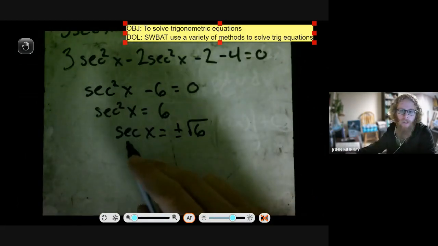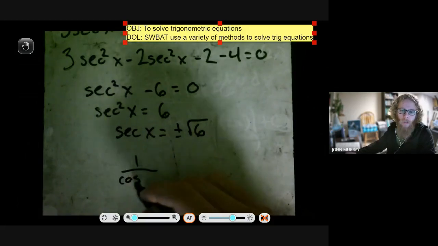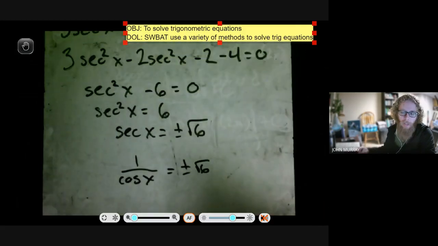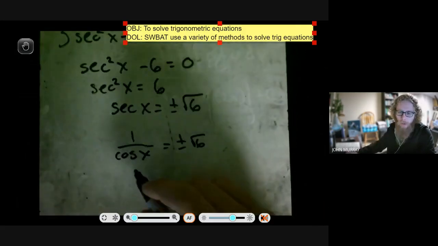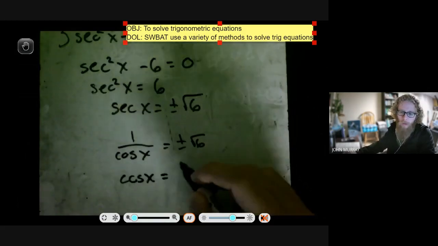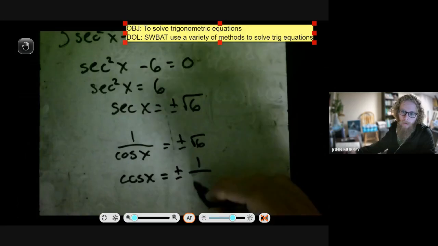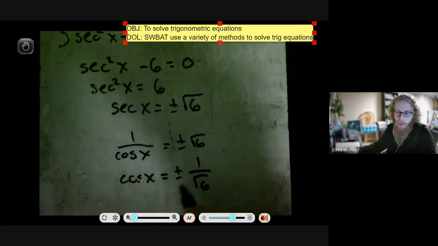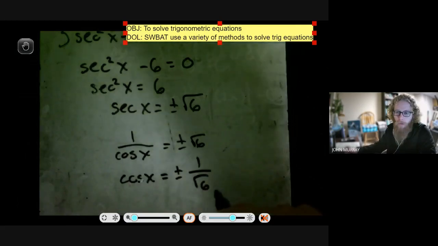What I could do is change secant into 1 over cosine, but then I get an even stranger solution. If I did the reciprocal on both sides, I get cosine equals plus or minus 1 over the square root of 6.